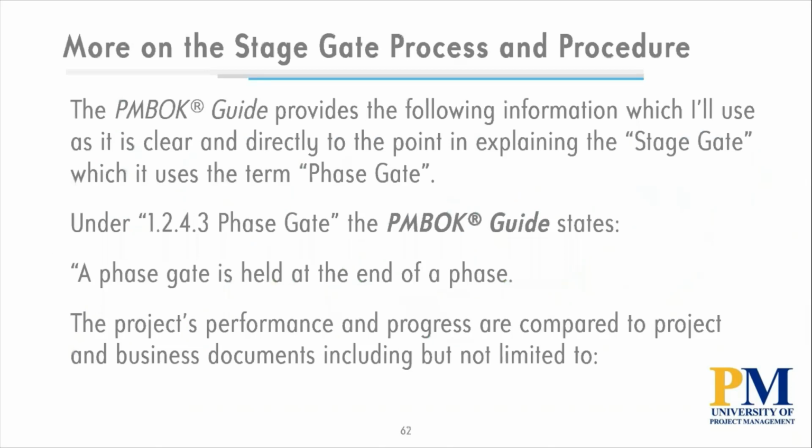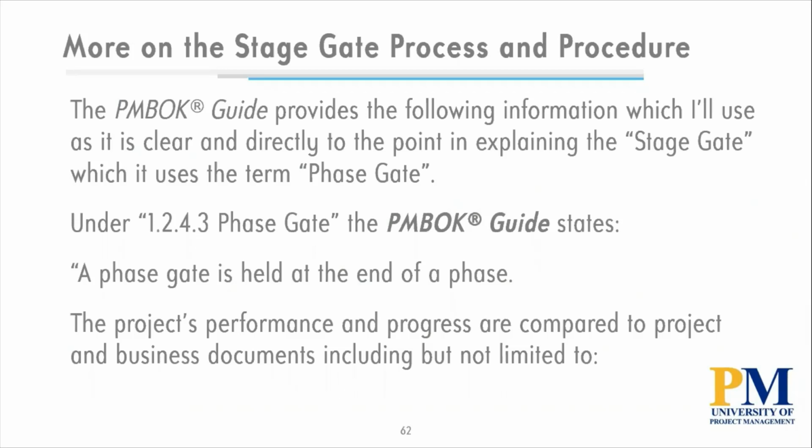All right, so the PMBOK guide provides the following information, which I'll use as it's clear and directly to the point around stage gate. Under section 12.4.3, they say a phase gate is held at the end of a phase.